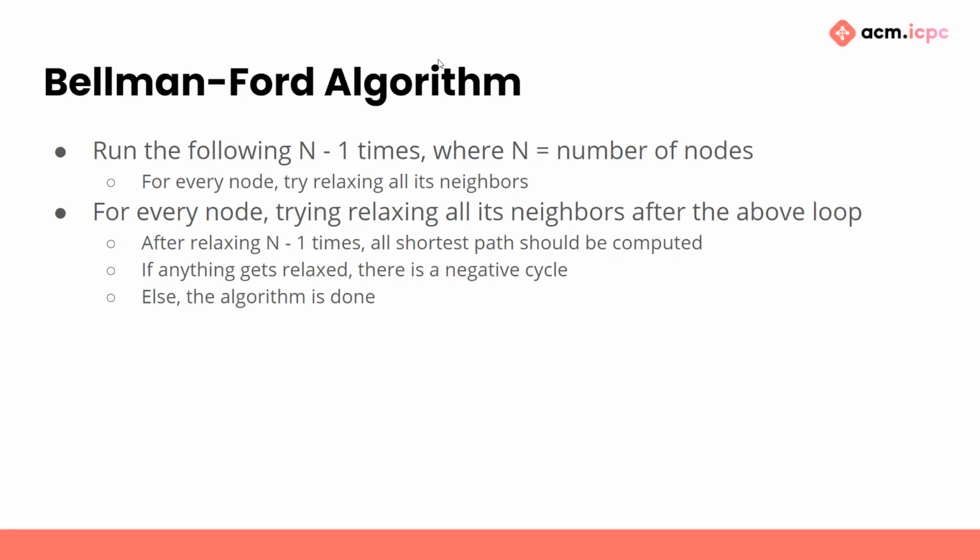So every single shortest path should be calculated by this point. And so if we run it one more time and something gets relaxed, that means we can make some path shorter when we supposedly cannot anymore. So this means that there is a negative cycle.